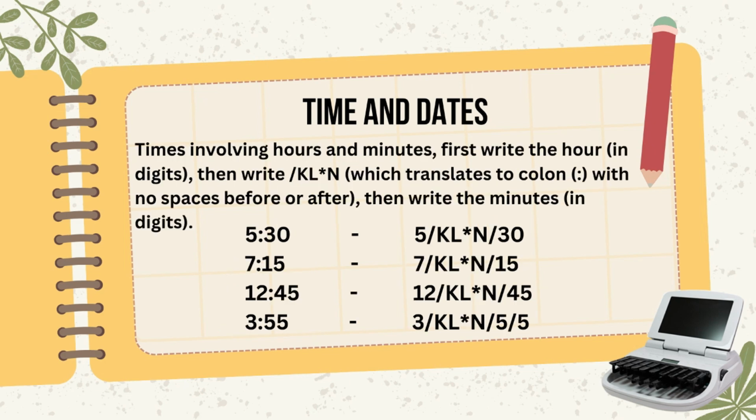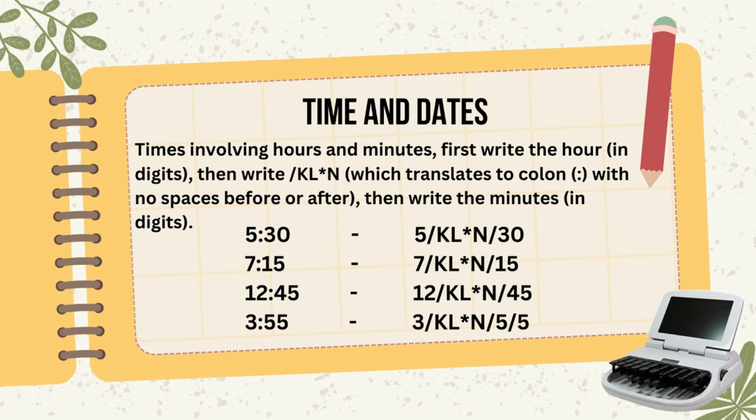How about if there are minutes? There's the hour and there's minutes, times involving hours and minutes. First, write the hour in digits, then write initial KL asterisk N, and this will translate to a colon with no spaces before or after, and then write the minutes in digits.